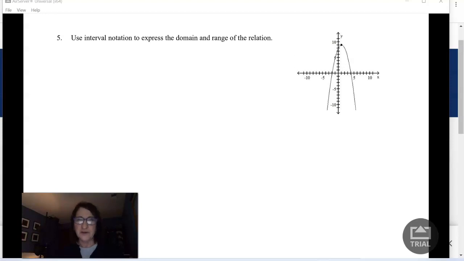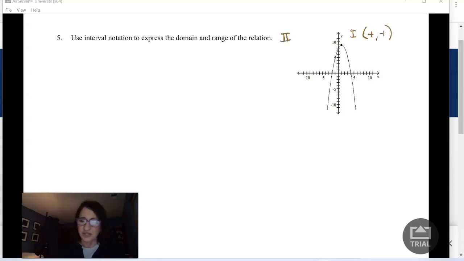Okay, let's look at this next example. We're going to use interval notation to express the domain and the range of this parabola. So this one is a little bit interesting to find our x values. Remember that our coordinate plane is set up in quadrant 1, okay? My x value is positive and my y value is positive.